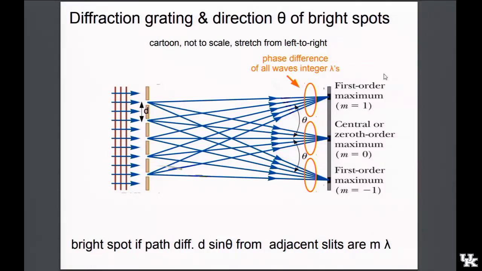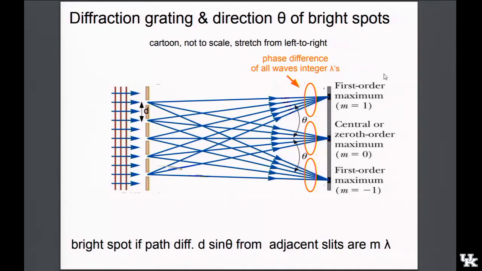And those diffraction maxima are some angle theta. It's indicated here. So here's an angle theta, here's an angle theta, away from the bright spot, away from looking directly at the light. So if you look through the diffraction grating directly at the light, you're seeing this thing here.